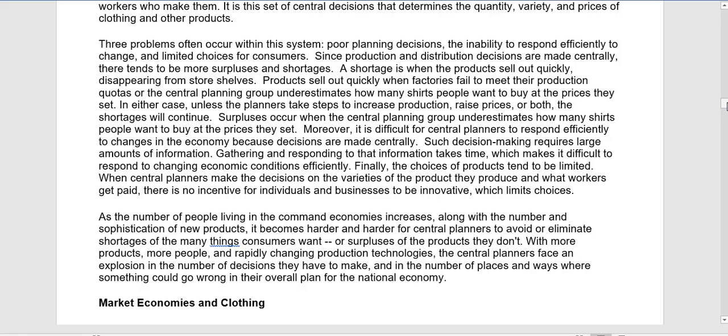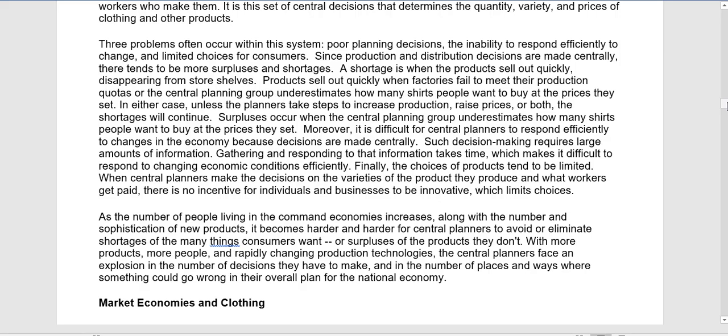Products sell out quickly when factories fail to meet their production quotas, or the central planning group underestimates how many shirts people want to buy at the prices they set. In either case, unless the planners take steps to increase production, raise prices, or both, the shortages will continue.